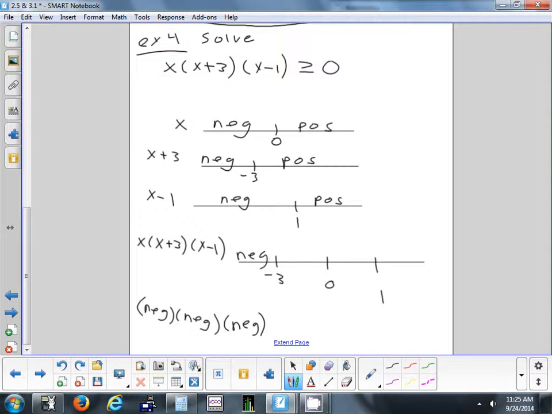Now generally the sections alternate: negative, positive, negative, positive. Let's just do one more section to make sure that works. Between -3 and 0. Andy, in the first factor, between -3 and 0, I am negative. Kobe, in the second factor, between -3 and 0, positive.